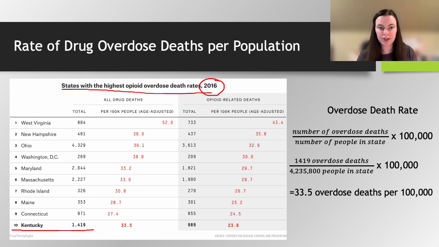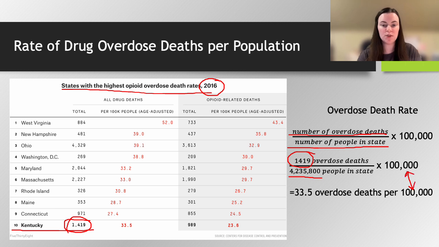And so if I was curious to know the rate of drug overdose deaths in the state of Kentucky, all that I have to do is take the number of overdose deaths and divide that by the number of people in the state. And so that's where I get my number of 1,419 from this chart. And then the last time I looked up the population of the state of Kentucky, it was approximately 4,235,800 residents.